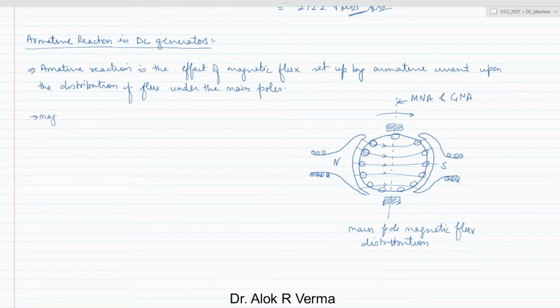So the magnetic neutral axis, MNA, is a plane perpendicular to the axis of field.